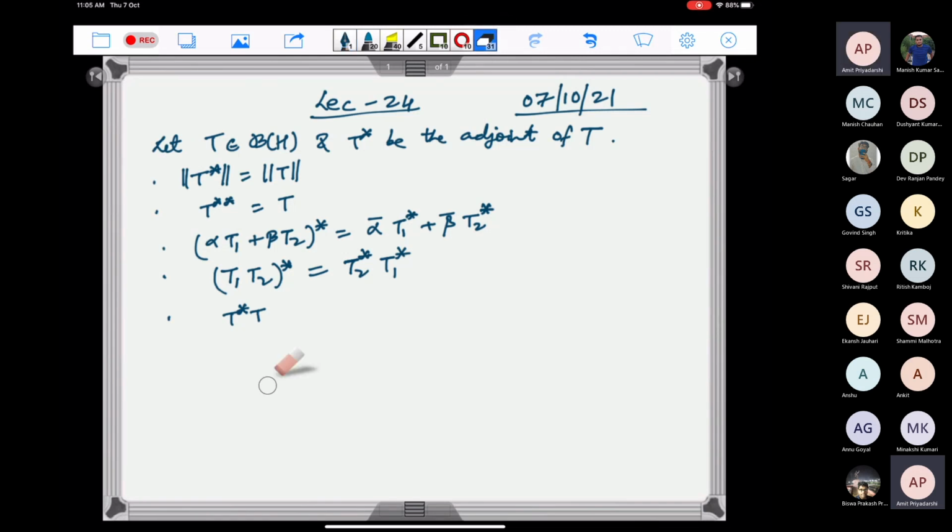Norm of T T star is equal to norm T square.